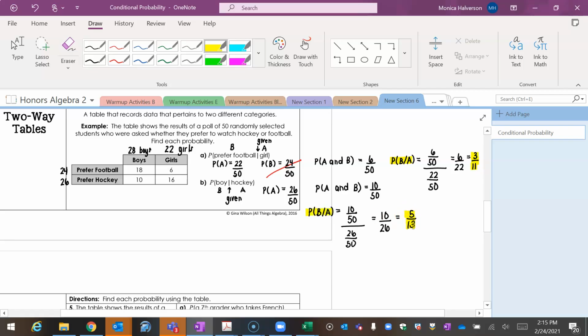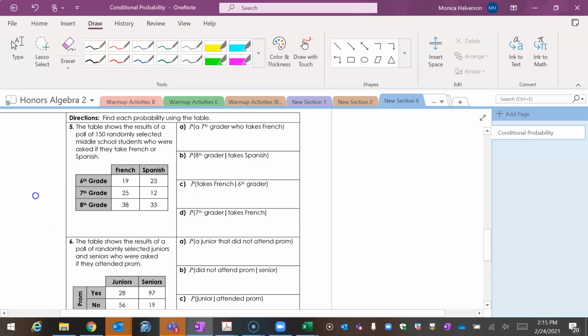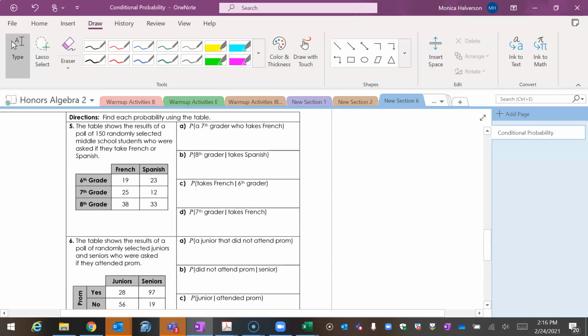All right, let's look at another table together. The table shows the results of a poll of 150, okay, so that's important information, randomly selected middle school students who are asked if they like French. So the first thing you want to do is add up all the totals of the columns and rows.